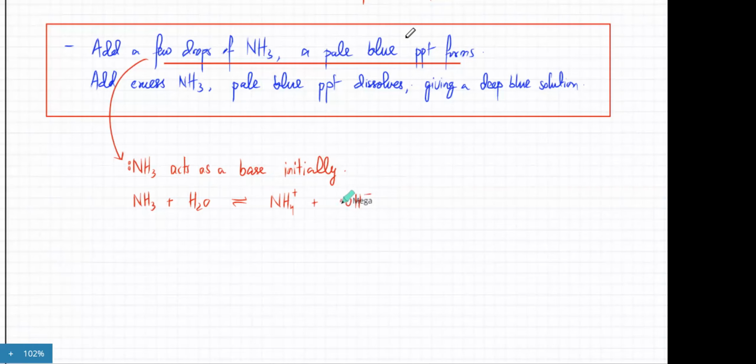So instead, OH ion initially acts as the ligand, not NH3, because you've added very few drops of NH3. So the OH ions that are produced act as ligands.